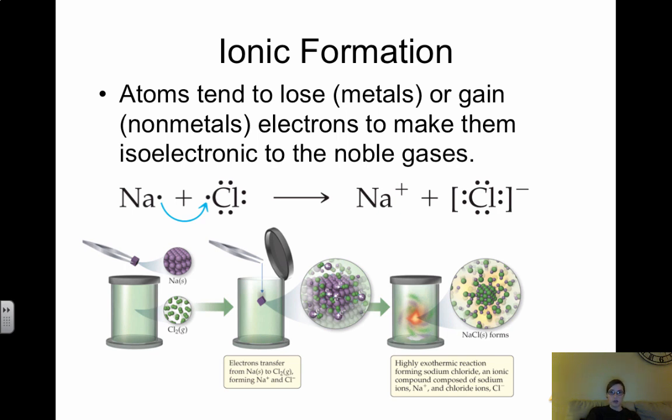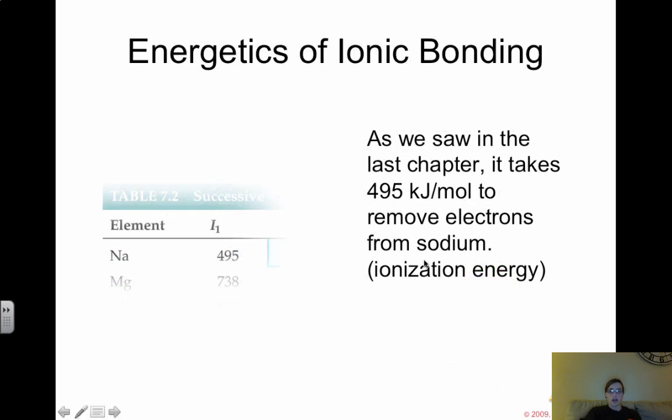With ionic formation, like I said, atoms tend to lose or gain electrons to make them isoelectronic to the noble gases. Just remember, your metals lose the electron, your nonmetals gain the electron, and that corresponds to ionization energy and electron affinity like we talked about in Chapter 7. As we saw in Chapter 7, it takes energy to remove electrons from a metal.